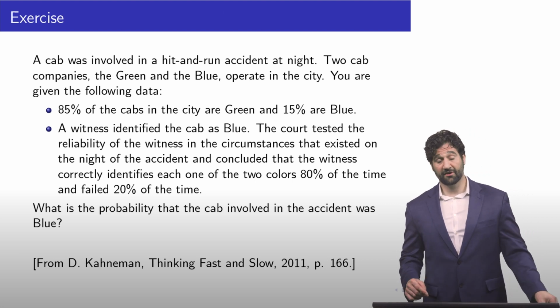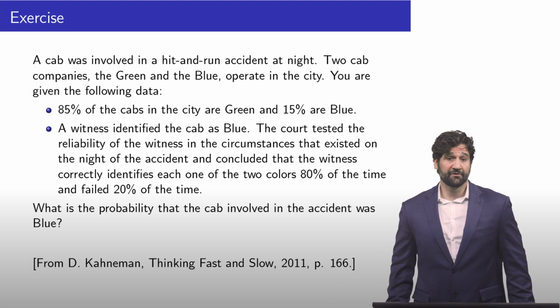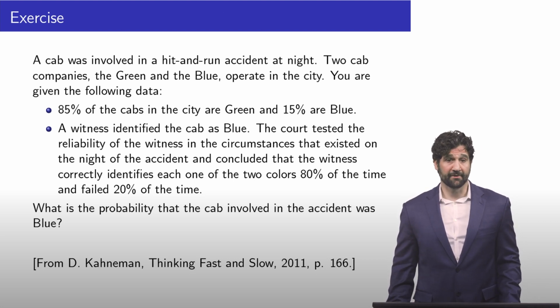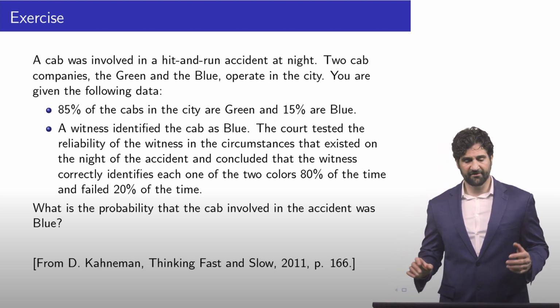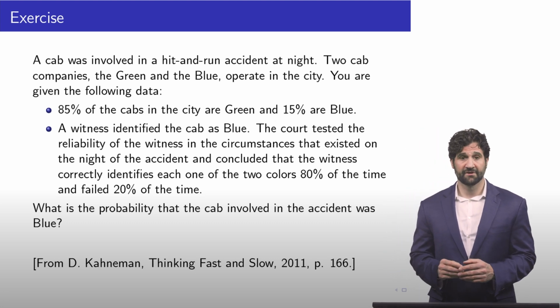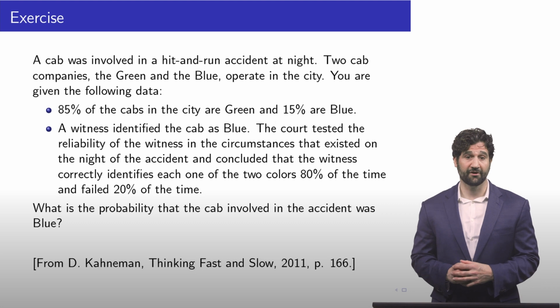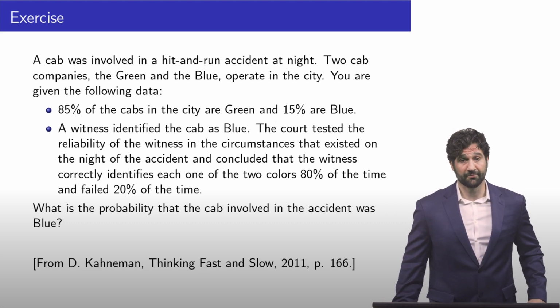So here is a classic problem, and we're going to walk through this one. A cab was involved in a hit-and-run accident at night. Two cab companies, the green and the blue, operate in the city, and we're given the following data. 85% of the cabs in the city are green, the other 15% are blue. The eyewitness identified the cab as blue.